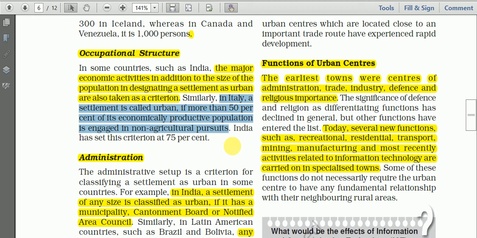That means in non-primary activities. Whereas in case of India, the cutoff is 75%. India has set this criterion at 75%.